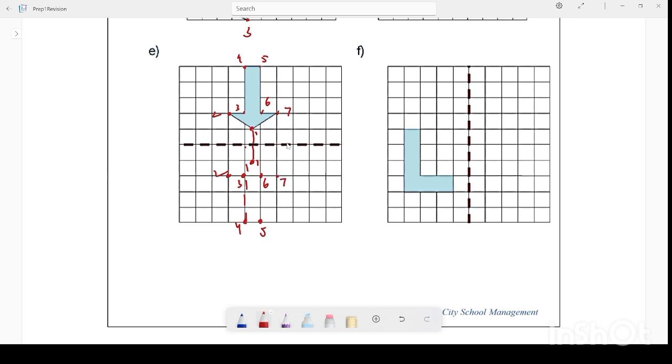This is 7, and that's it. So we are joining all the points 1, 2, 3, 4, 5, 6, 7, and then again 1. Now we are filling this, and this filling gives us the complete reflection of the original shape. So this is how we draw the reflection.